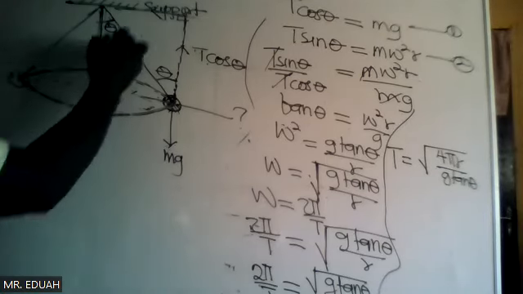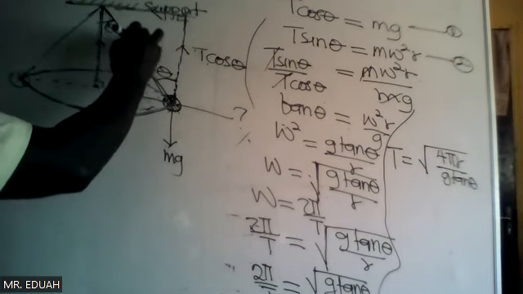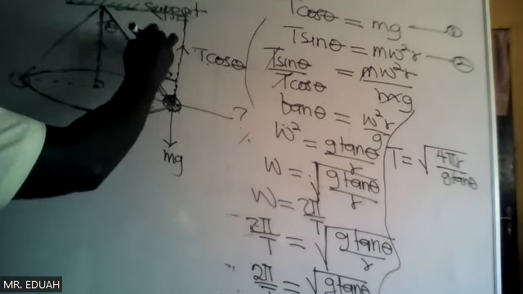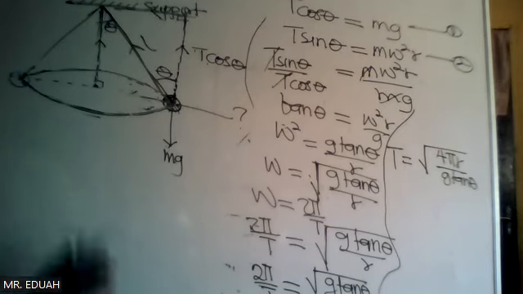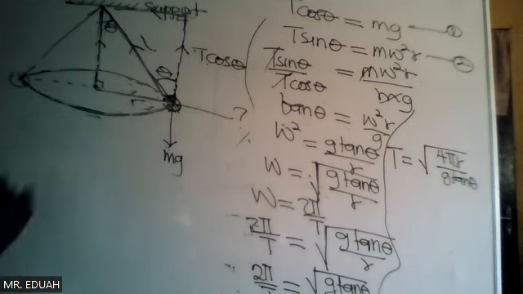Earlier, we resolved this in terms of the tension in the string. But this is the string. L is the length of the string. The same, this is the radius of the circle.